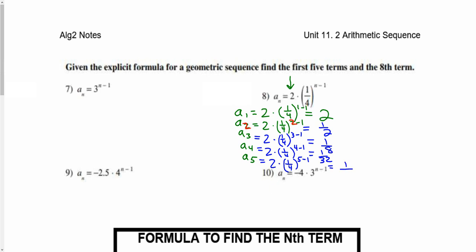One over, what is it? 100 and, we do a decimal? 128? So there's your first 5 terms, and now we need to find the 8th term.